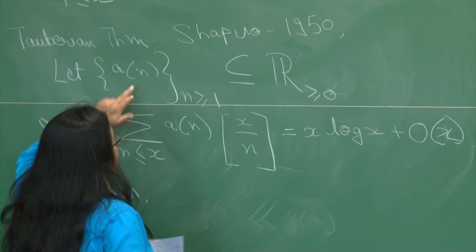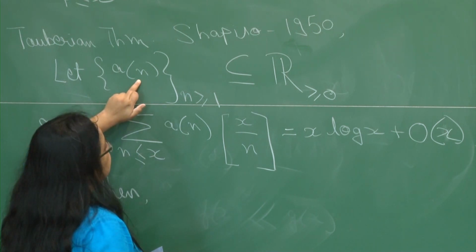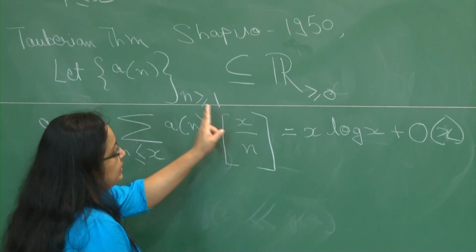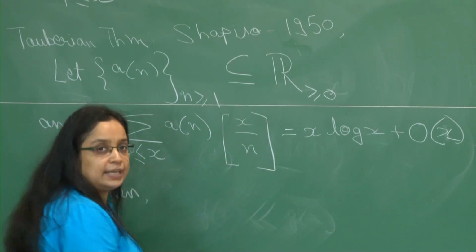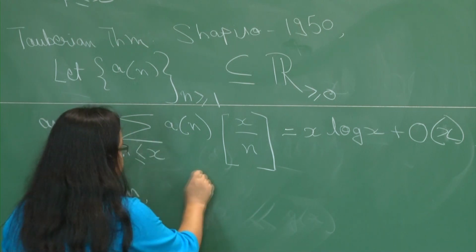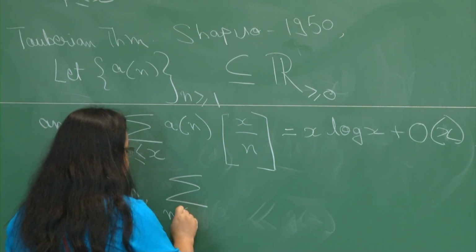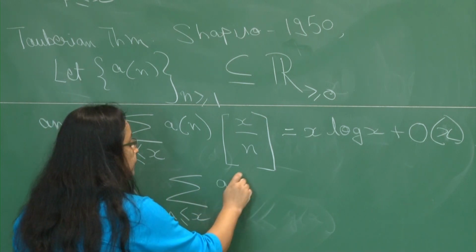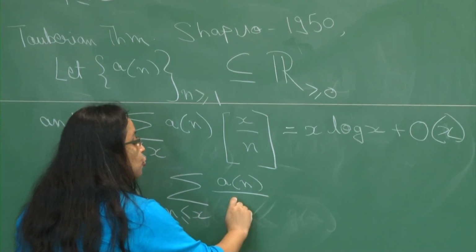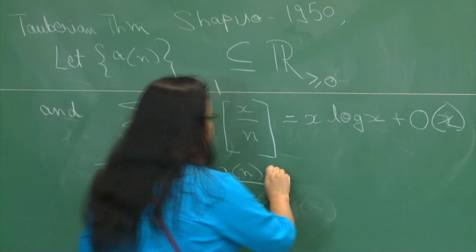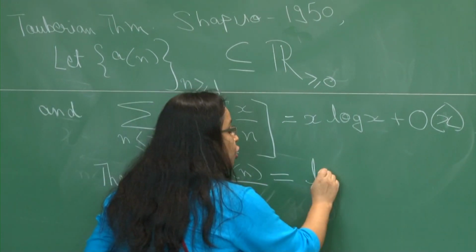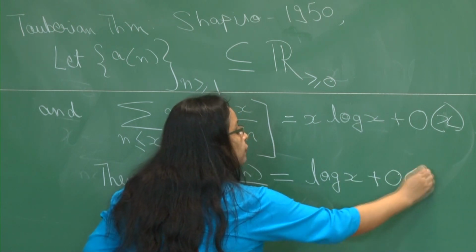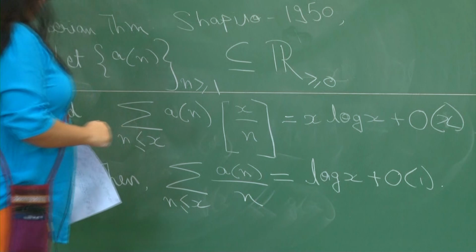Then, under the condition that A of n's are non-negative real numbers, you can actually cancel off x from this equation. So, what this tells you is that summation n less than or equal to x of A of n over n is equal to log x plus O of 1. All right.